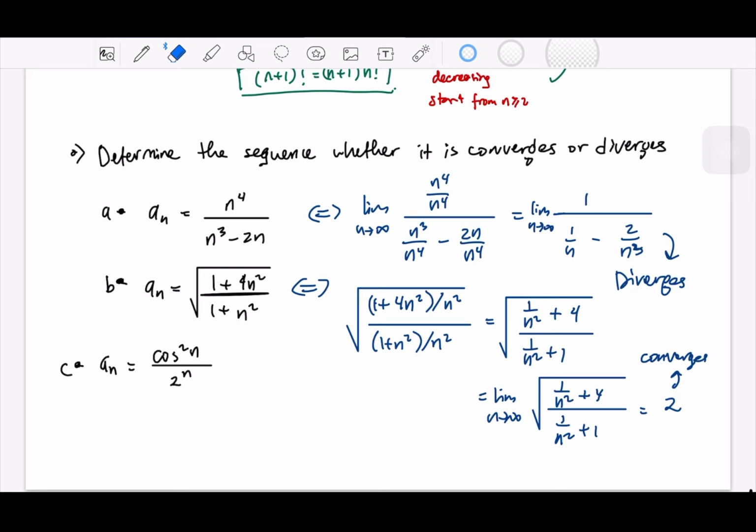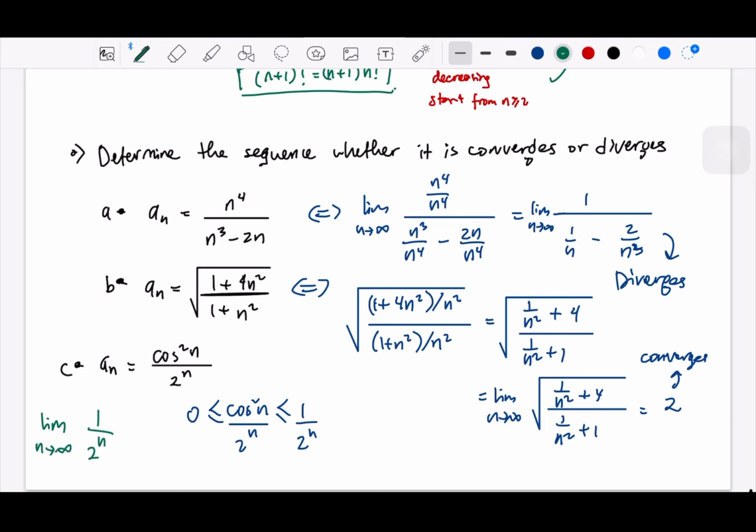So we could take this cosine squared n. Let's say it goes from 0 to 1, since it's squared, so these are the possible minimum and maximum values. Then if we divide by 2 to the n, this will happen, right? And then we know that the limit as n goes to infinity of 1 over 2 to the power of n is 0, because it's exponential.